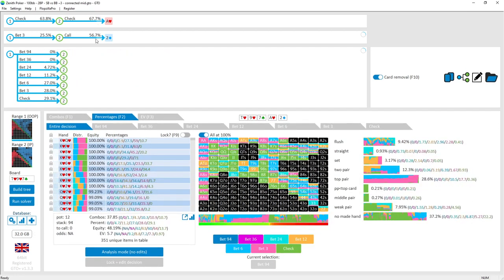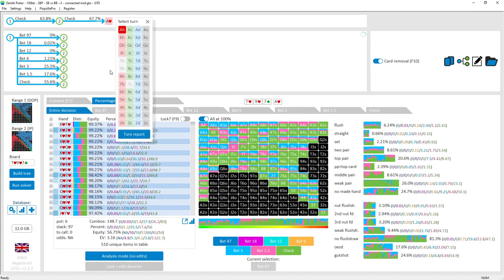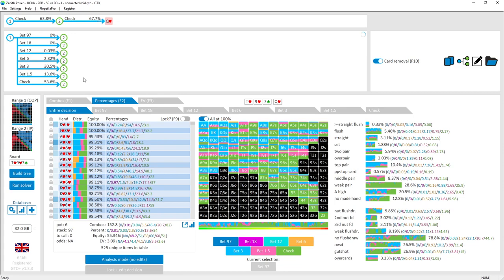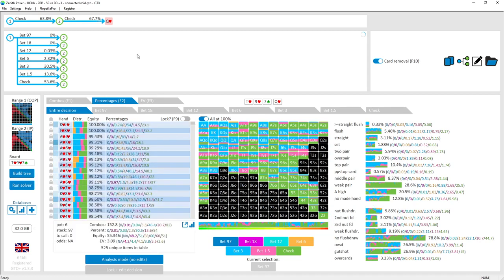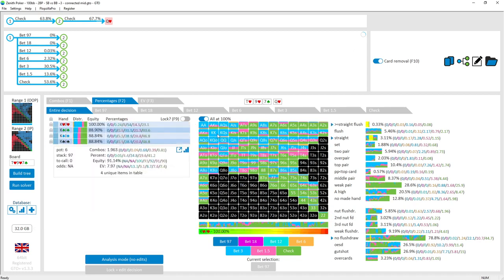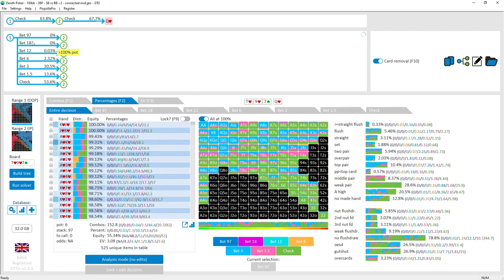So when the flush completes on the turn with the overcard, sure, your overcard still wants to bet for value, but you're not betting quite as big. So, for example, here, queen of hearts, a lot of these stronger Queen X, those new overpairs which missed the check raise or check the flop, are now just betting sort of half pot here.